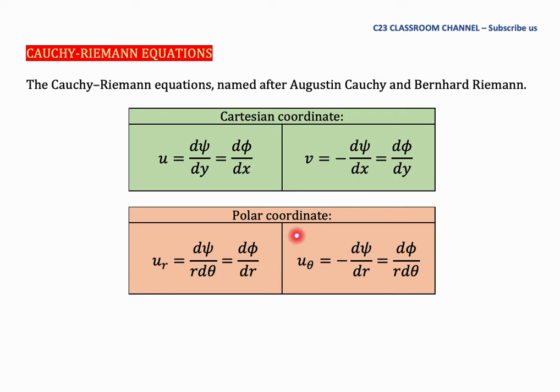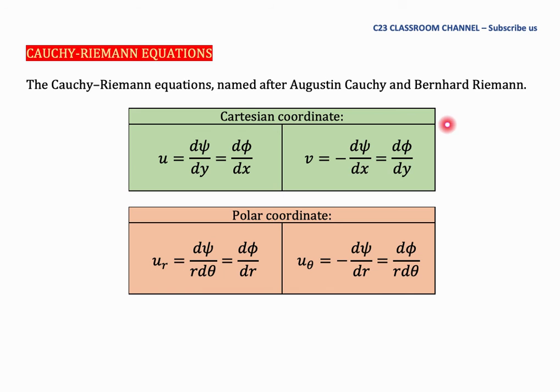For polar coordinates, it can be written as u_r equals d psi over r d theta, equal to d phi over dr. And u_theta for polar coordinates is equal to negative d psi over dr, and it is also equal to d phi over r d theta.